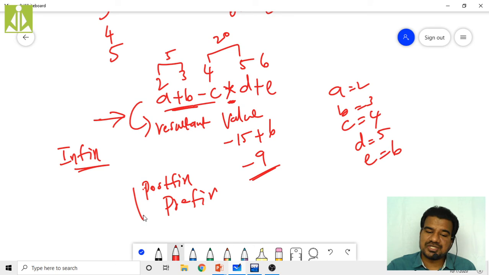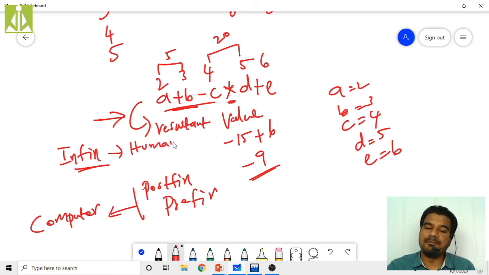These two expressions your computer can understand easily and process easily. But infix is very easy for humans, not for computers. And the expression notation we follow in our day-to-day life is infix notation only.